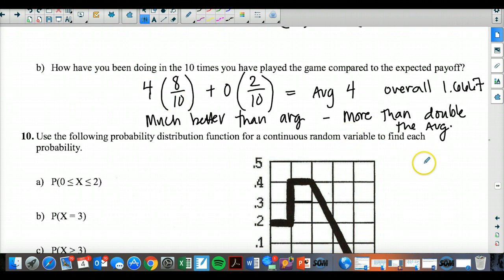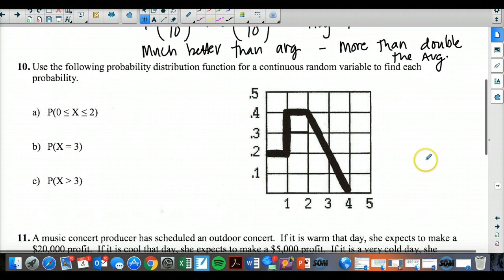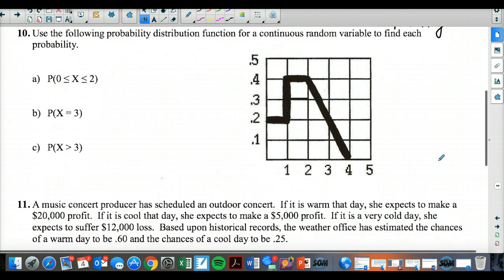All right, the reason this is a really good one for this next question is because sometimes they do like to give you graphs, and you have to be able to interpret your graph. Okay, so I'm going to give you a minute. I want you to calculate these probabilities. And you really need to look at the graph because the graph is trying to get across the idea of a discrete random variable.